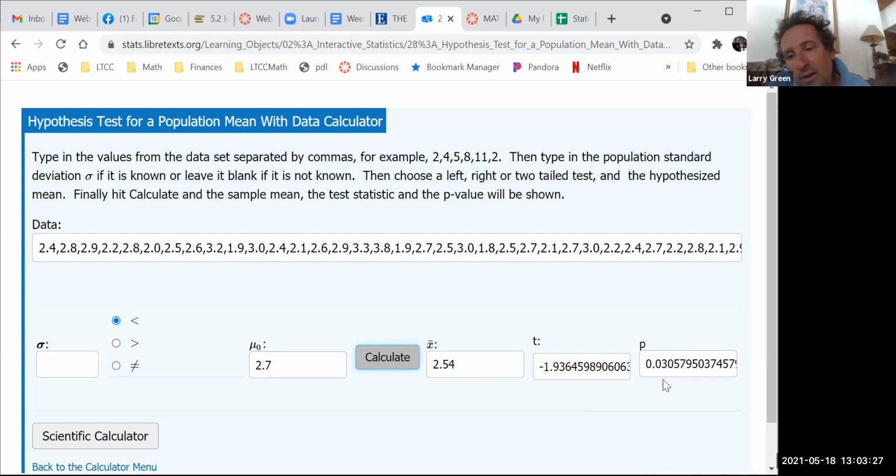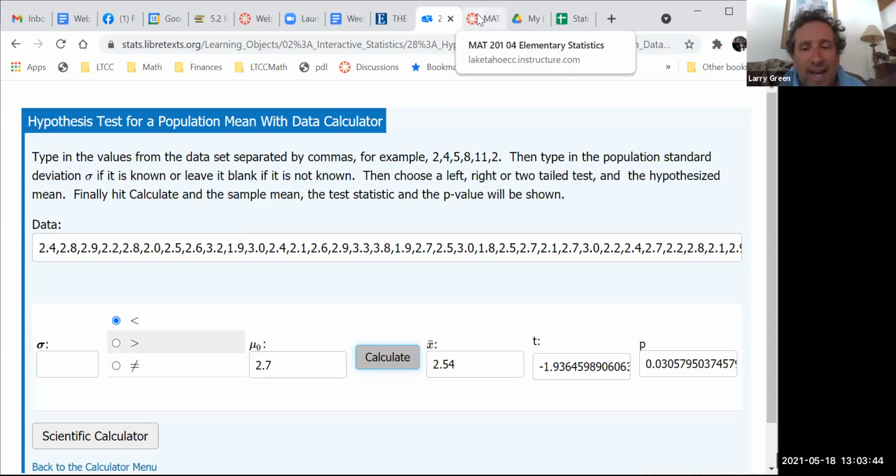And I hit calculate. Okay. Notice you get a p-value of 0.03. The test statistic, T, by the way, is the test statistic. When I asked you for the test statistic, that says T. And that gives our answer. Okay. Let's suppose that we had decided that we wanted a 0.01 level of significance for one reason or another.